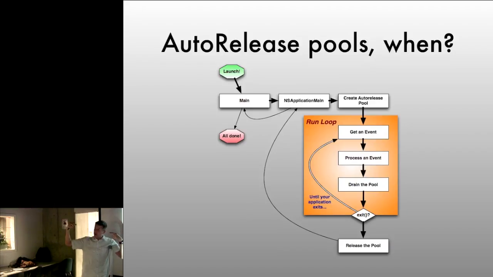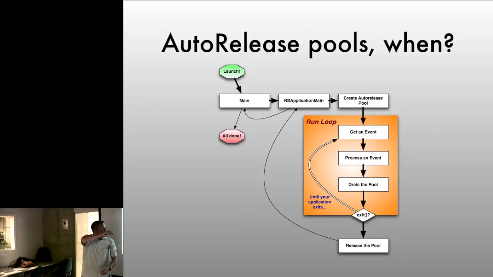When an event comes in, say a key press, you process that key event and you create objects or retain and release objects. As it comes all the way back out again to this higher level before you were called, which is basically the event loop running in the application main, that is when it drains the actual pool.